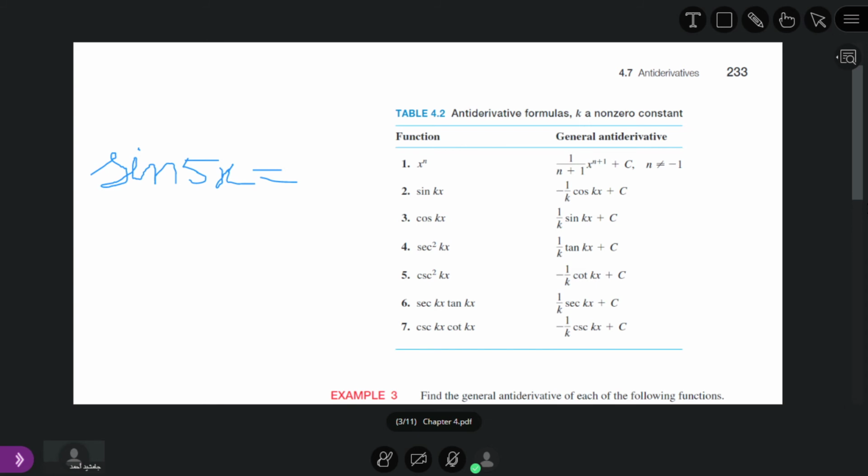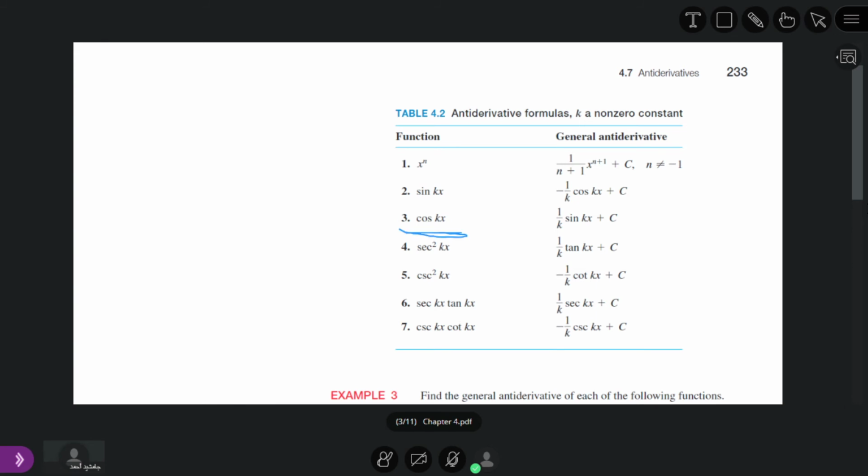By using the second formula, minus cosine 5x divided by 5 plus some constant. Yes, this is correct. Minus cosine 5x divided by 5 plus some constant.